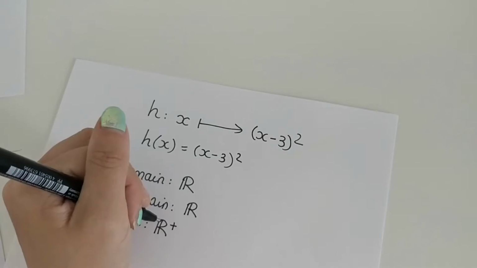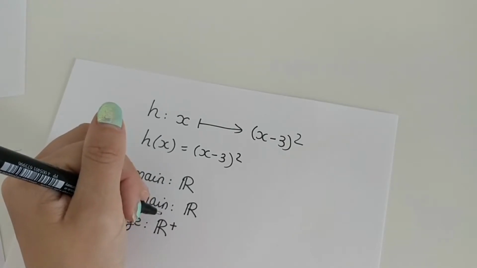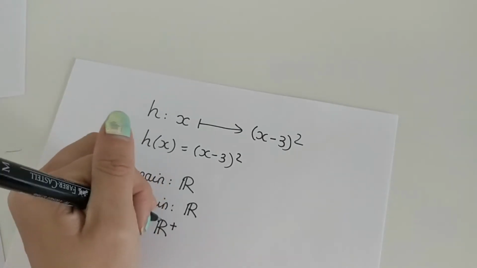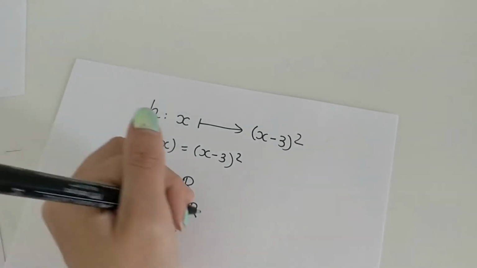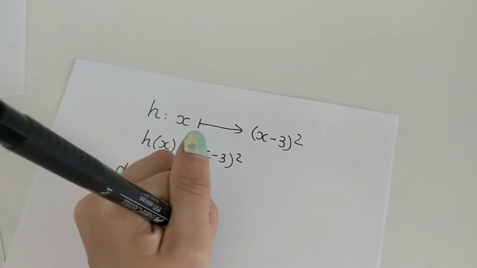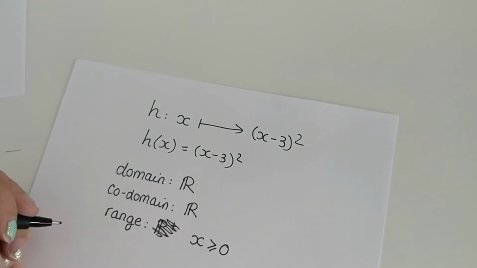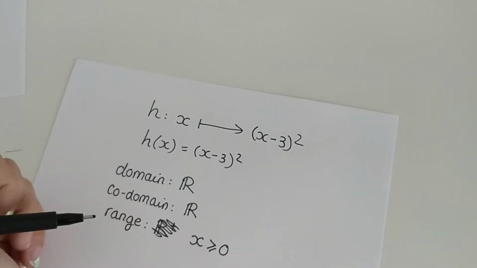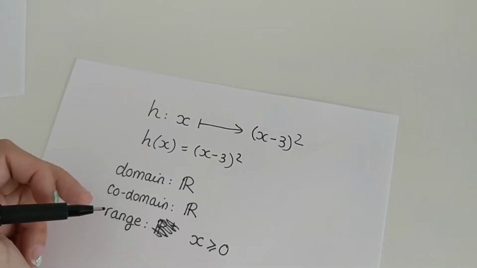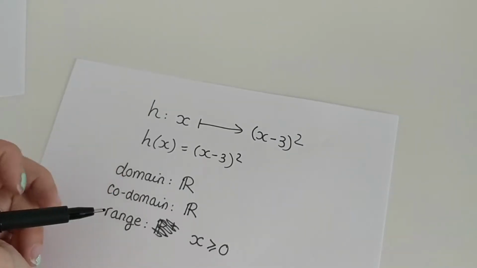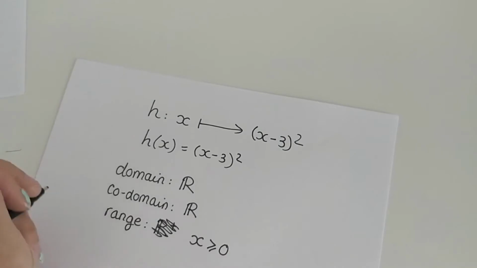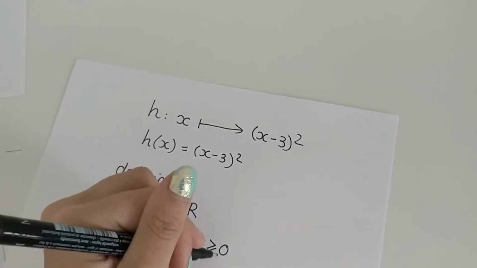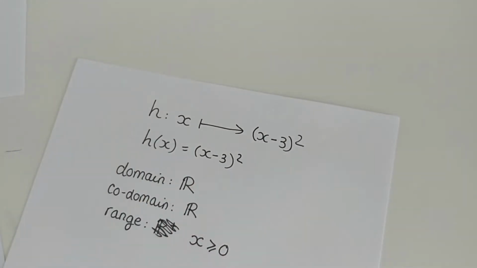I'm not sure I like R plus though, because I feel like that would exclude 0. Yeah, it's a bit dodgy. What's better is to just say x is greater than or equal to 0. It's non-negative. When I said positive earlier, I meant non-negative because I want to include 0. 0 is not positive or negative. But yeah, so the range would be only positive and 0.